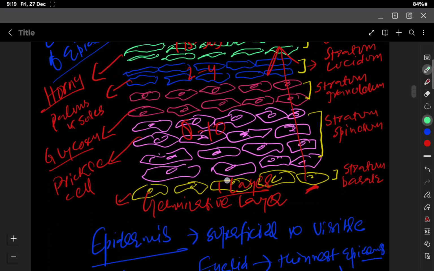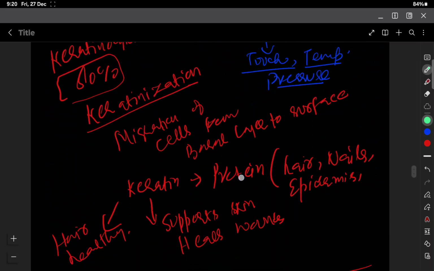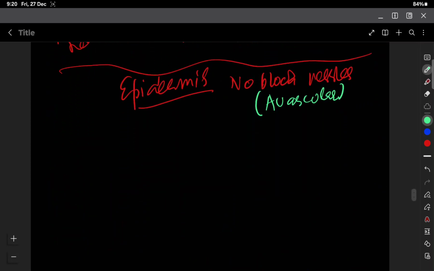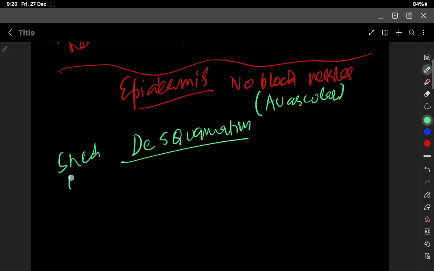Then there is one more term associated with the epidermis, that is desquamation. Desquamation means shedding off. I told you the stratum corneum is the uppermost layer, and then there is the basal layer.